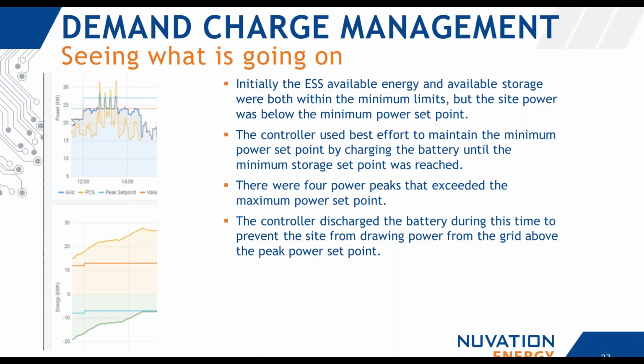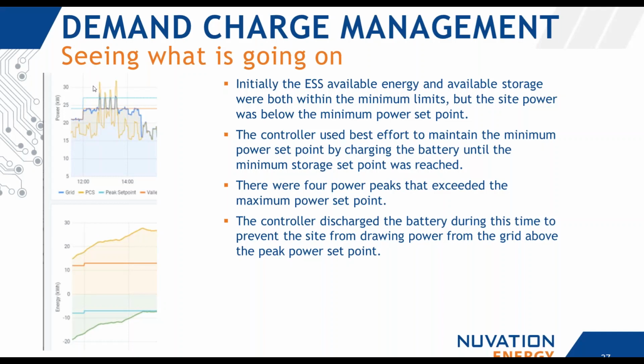The blue shading, which includes the part underneath the orange here, is what's being measured at the power meter. So the load was below the minimum power set point for the site. So the controller used that available power to start charging the battery. And you can see the energy starting to be accumulated in the battery during this period of time.